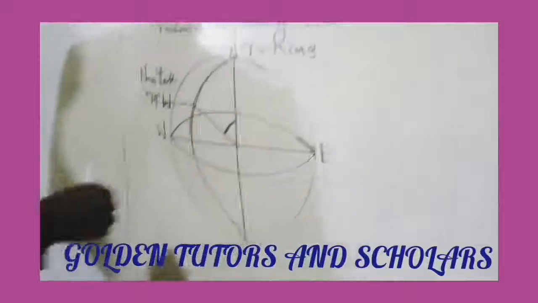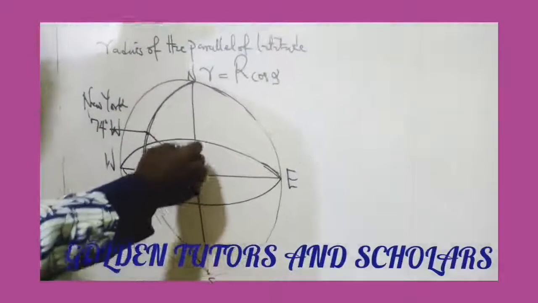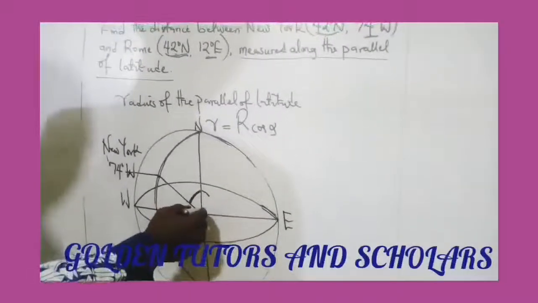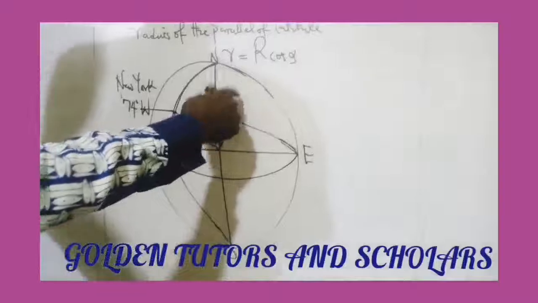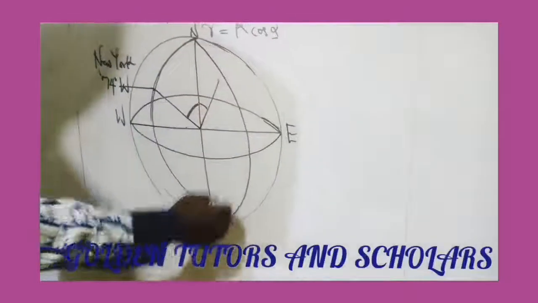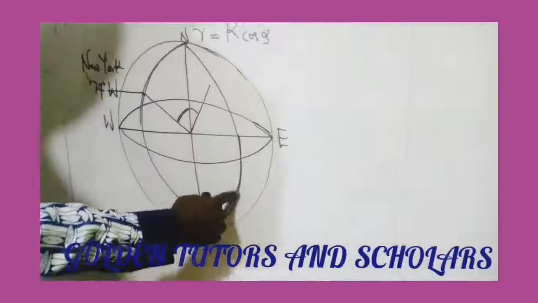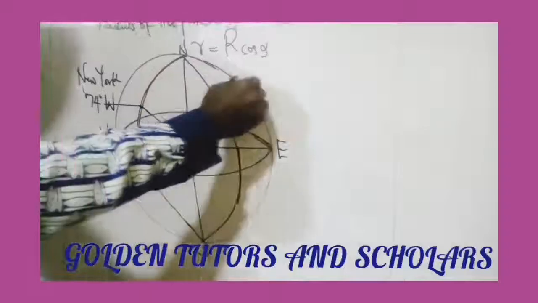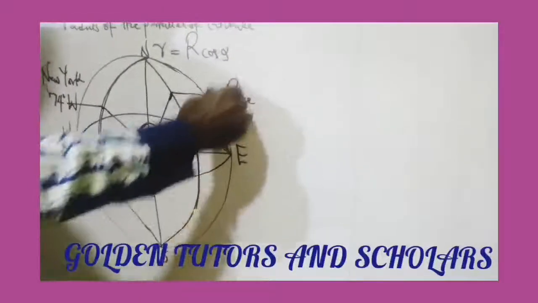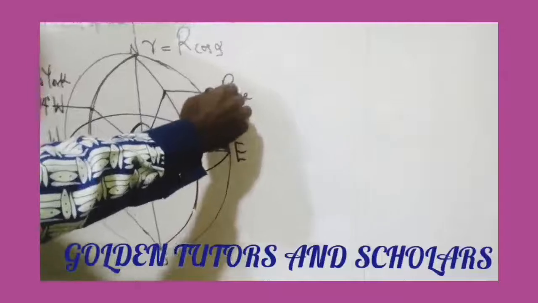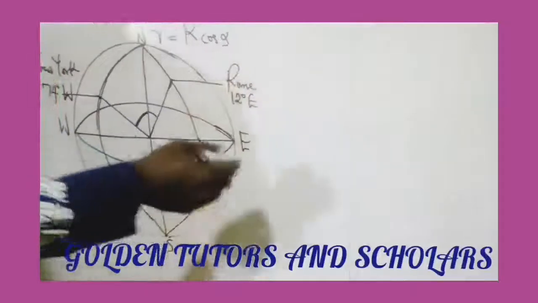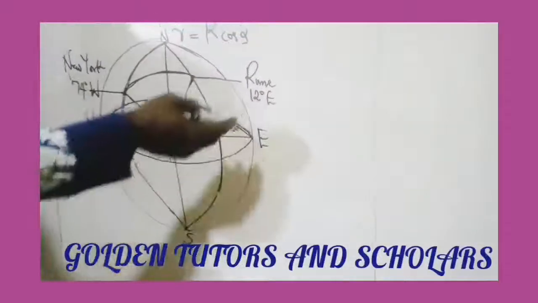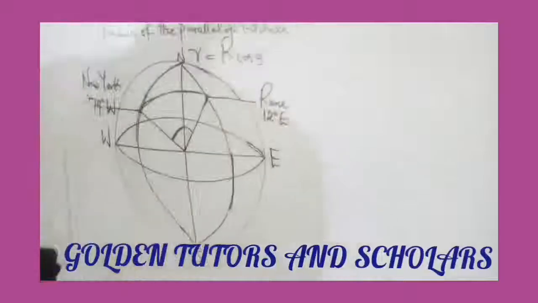Then I come again to Rome. Rome is on longitude 12 degrees, just a small angle like this. Rome is somewhere here, just 12 degrees. If I take the longitude of Rome and it touches this point here, this is the longitude of Rome, just 12 degrees east on the east side. Now this is the distance between New York and Rome as located from this diagram.